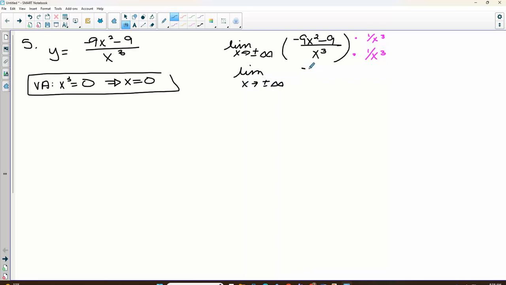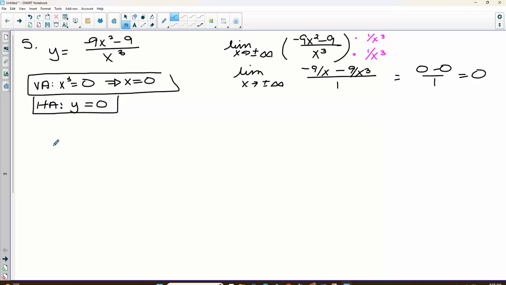So we get negative 9 over x minus 9 over x cubed over 1. Well, a number over infinity goes to 0, so we have 0 minus 0 over 1, which is 0. So our horizontal asymptote, y equals 0.